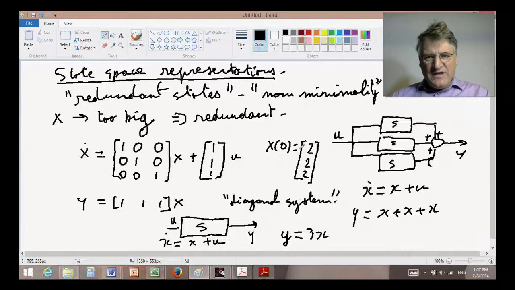Moreover, the initial condition is just x of 0 is equal to 2.